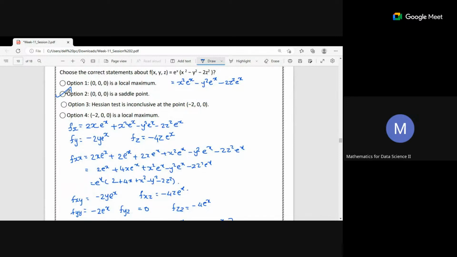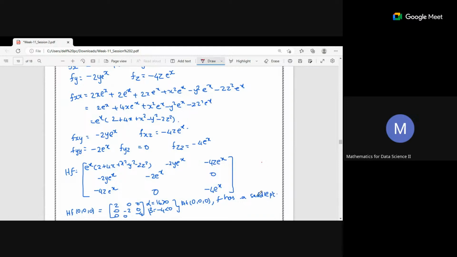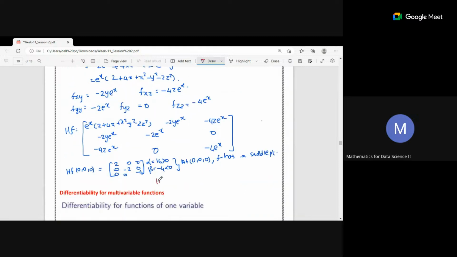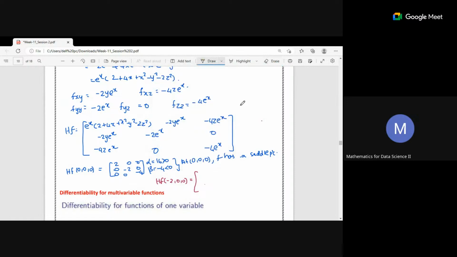And then you have to look at what happens at minus 2, 0, 0. Let us see what happens at Hf of minus 2, 0, 0. What is your matrix? So these terms y and z become 0. Your x is minus 2. So e power minus 2 times 2 minus 8 plus 4, right?